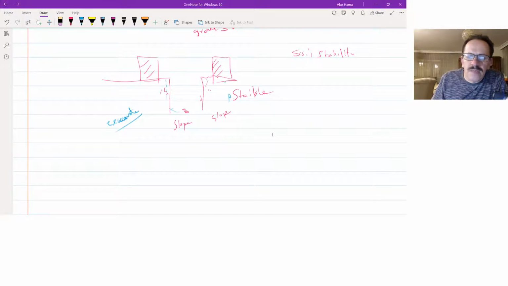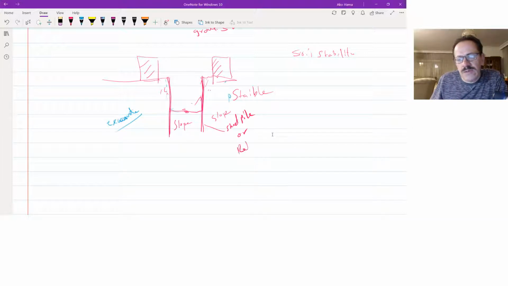You can make an excavation here, but you have to drive sheet piles here, or let me say retaining walls. The retaining walls can be used just for preventing the pressure in this way from causing a collapse, and you can build your building safely until you are done.